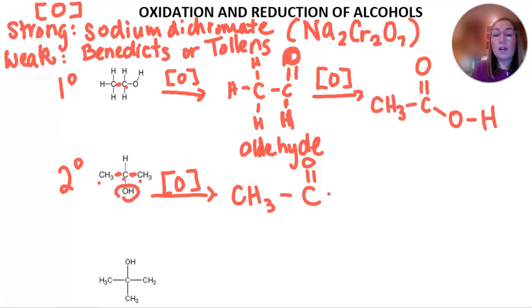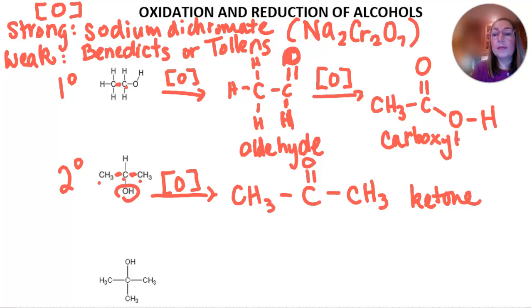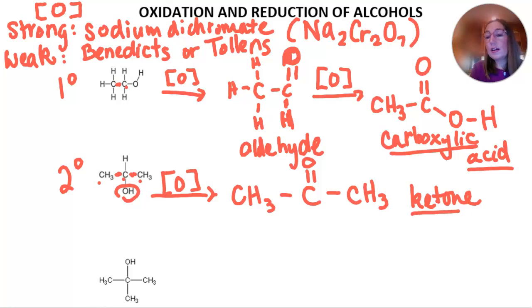So this alcohol oxidizes to a ketone. I should have written carboxylic acid here as well. So again, primary alcohols with a strong oxidizing agent can oxidize all the way to the carboxylic acid. I like to think of them as going through the aldehyde to get there. Secondary alcohols oxidize to a ketone.